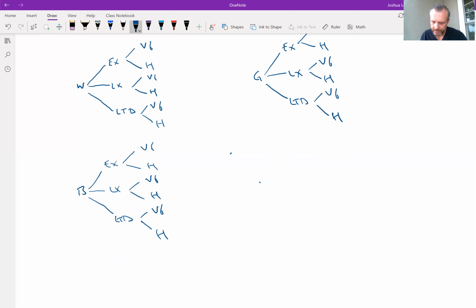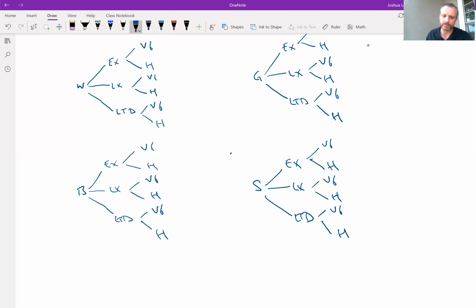Silver? So silver, EX, LX, LTD, and each with V6 or hybrid.